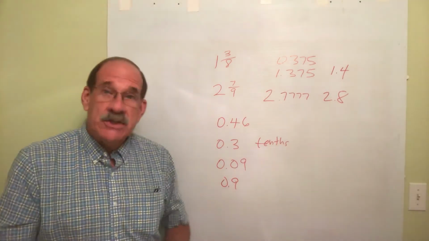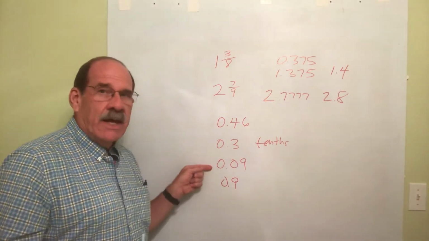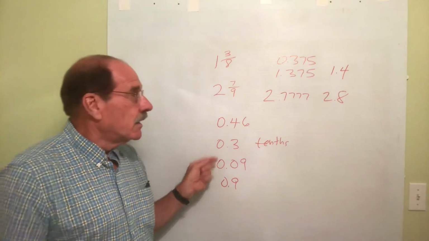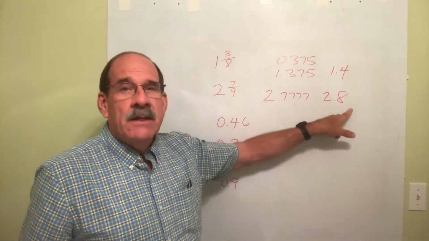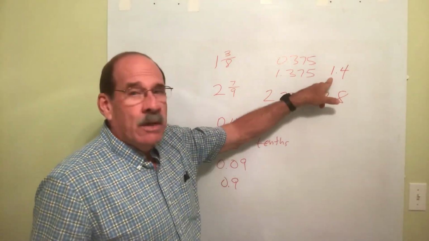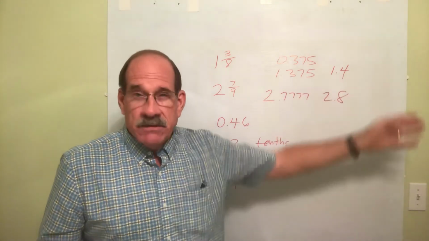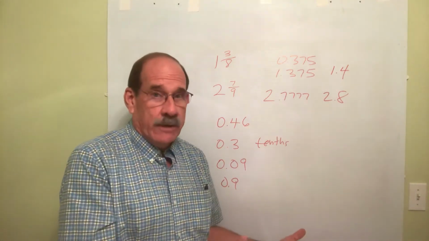That will be 9/10. So this number is 9/10. This number is 9 hundredths. How could you say this? That's 2 and 8/10. That's how you'd say that. This would be 1 and 4/10.